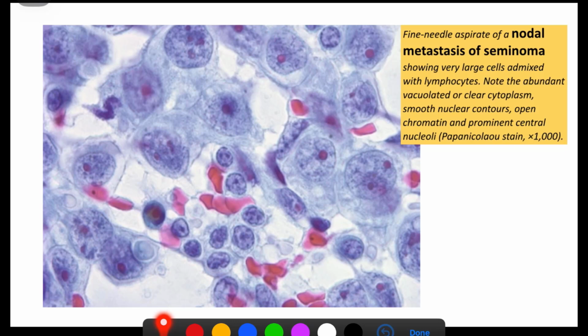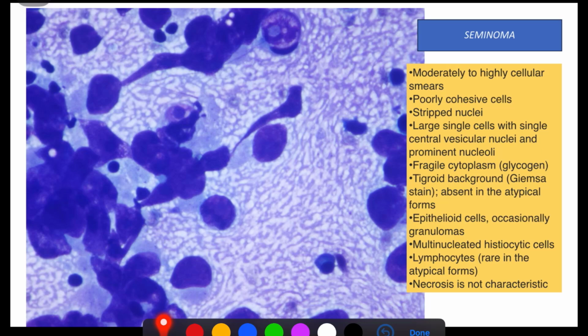So this is a classic case of nodal metastasis of seminoma. And what is tigroid background? Here you can identify this background in the Giemsa stain. This is comparable to tiger skin. So this is called tigroid background.